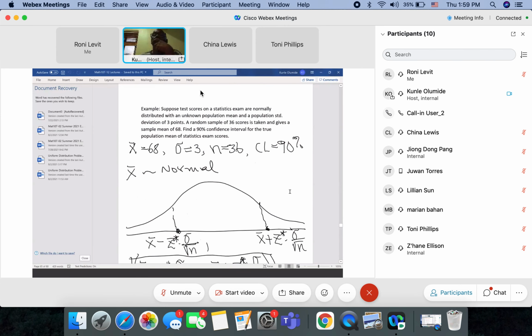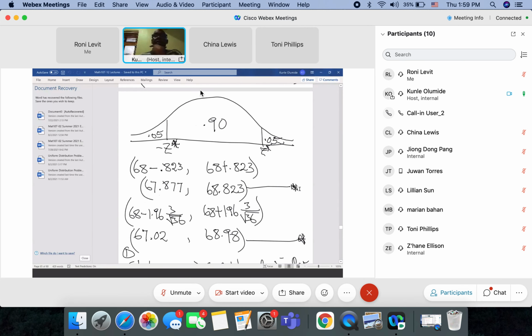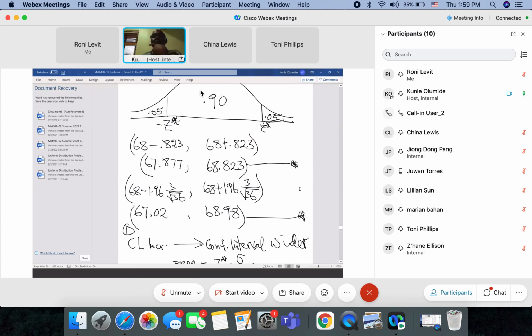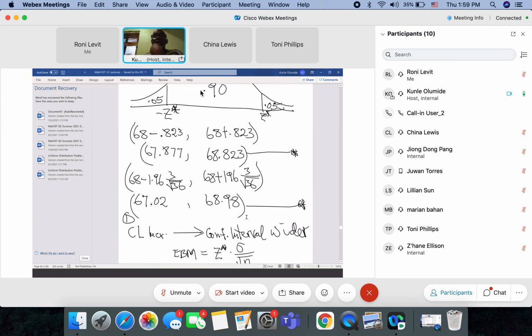The test score, right? 90% of the time, the average for the test score is going to be between 67.177 and 68.823. That is the interpretation of that.